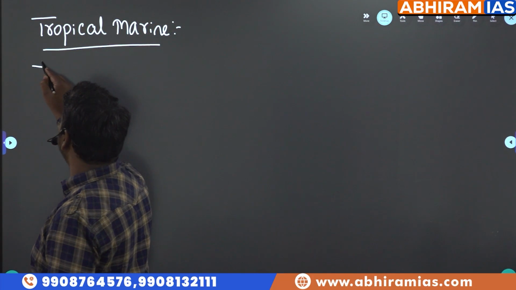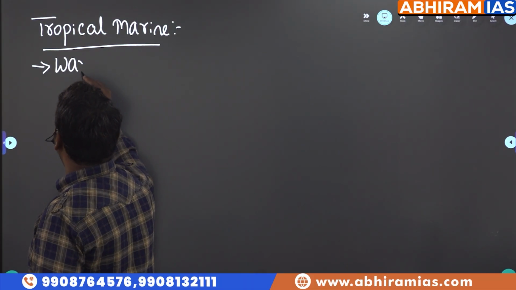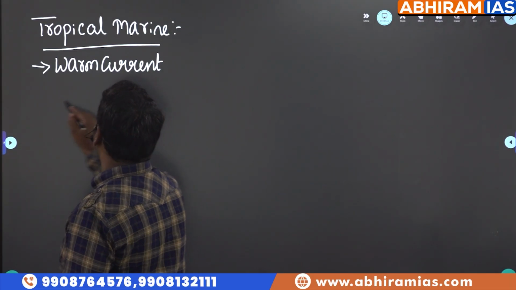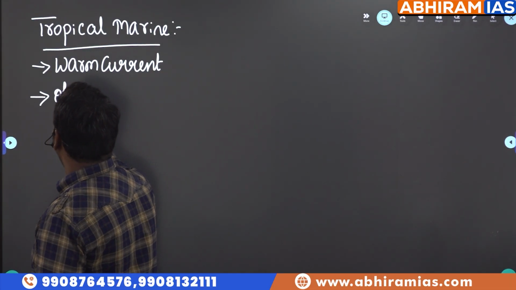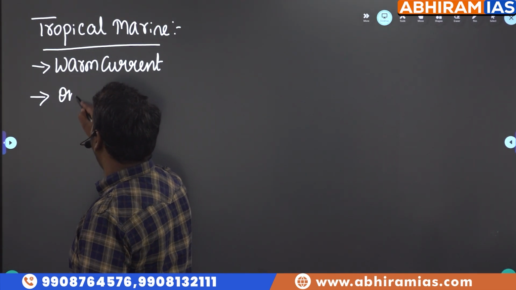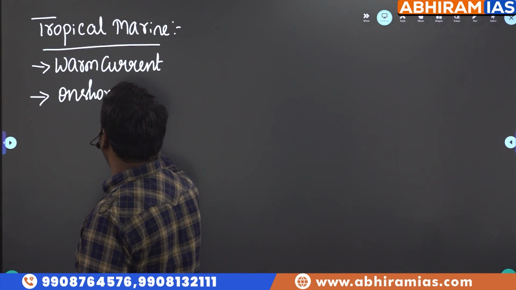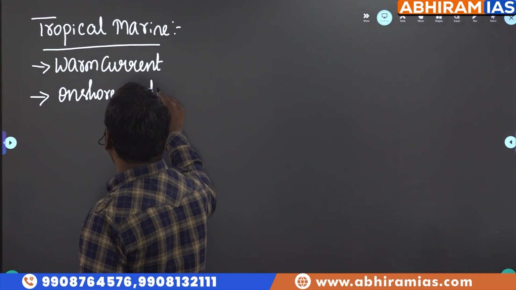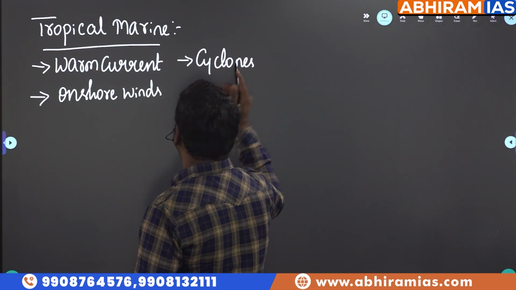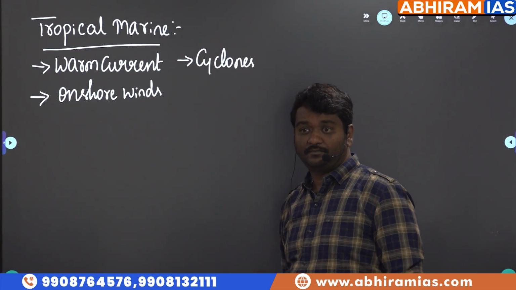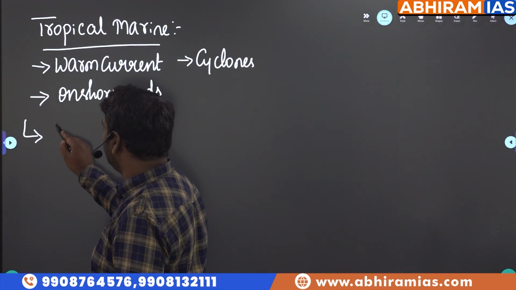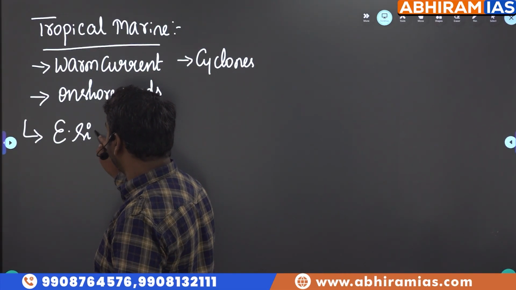What are the two conditions you are seeing here? One is a warm current. Another reason is onshore, not offshore, winds. Very good. Third, as warm currents are there, this is also a region of cyclones, so they get rainfall. Which side of the continents? Eastern side.